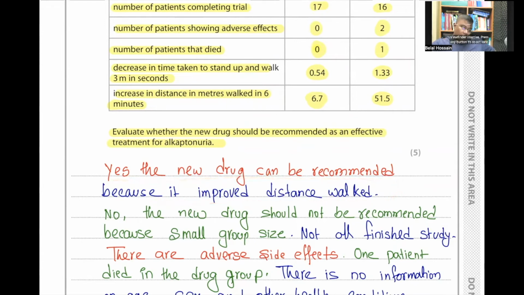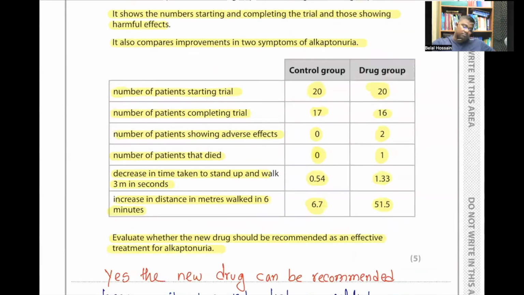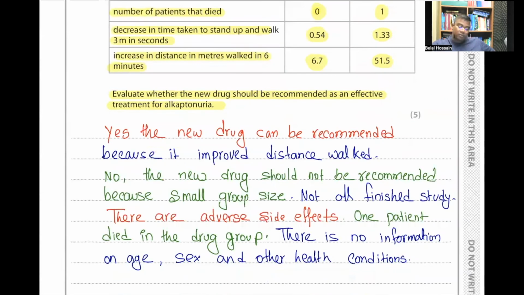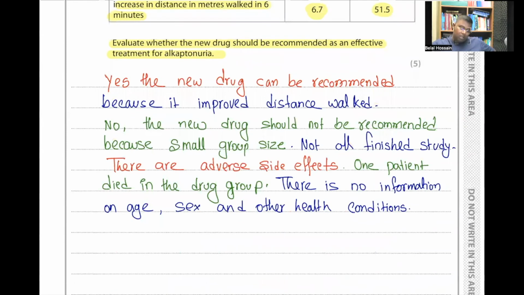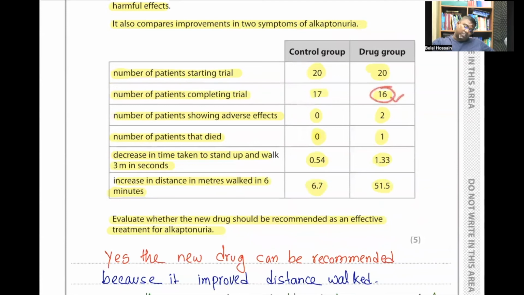However, we can also say that the new drug should not be recommended because of the small group size, because 20 people does not necessarily represent an entire population. There is also other information that is missing from here. The reason why we cannot recommend it to other people is that not all of the patients finished the study. We can see most of the patients did not finish the study.